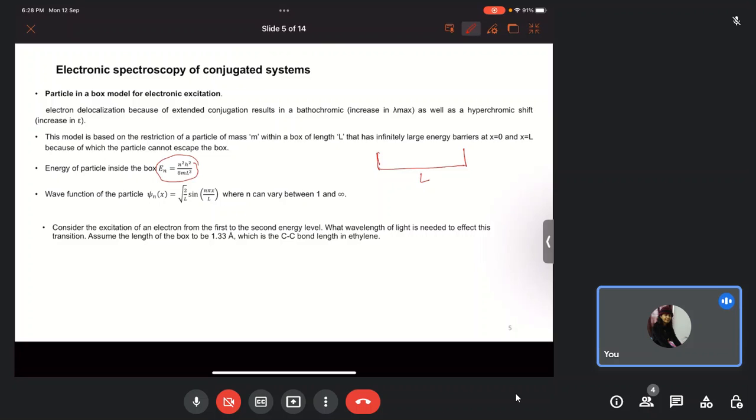If you have any particular doubt in understanding how it is being derived, please let me know. We can discuss about it now.